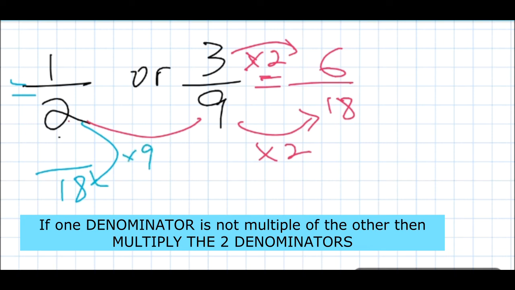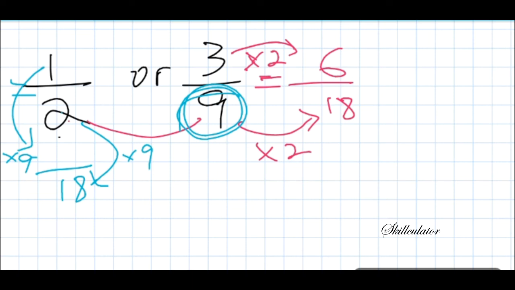Multiplied by 9. And of course the 1 on the top you will also multiply by 9. Where did we get the 9 from? The 9 is here. So the 3 over 9 you converted by multiplying by the 2, which is a denominator on the other side. And now when you're getting the equivalent fraction for 1 over 2, you're multiplying by the 9, the other denominator. 1 times 9 to get the numerator gives you 9 over 18.